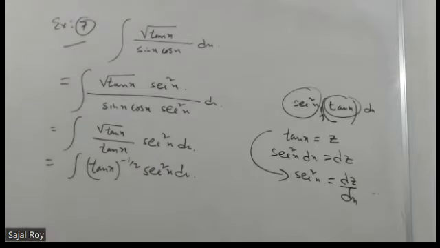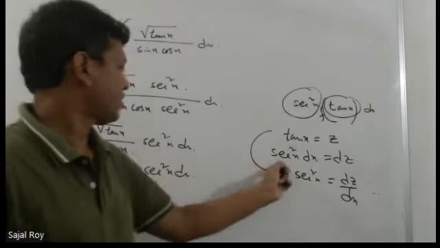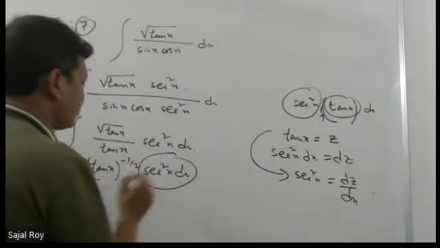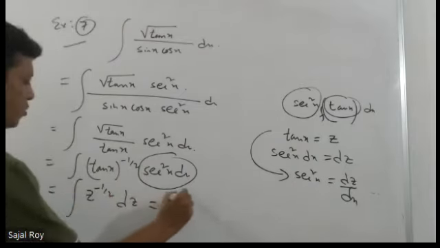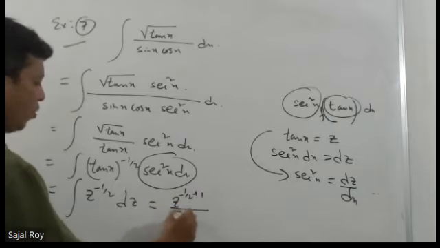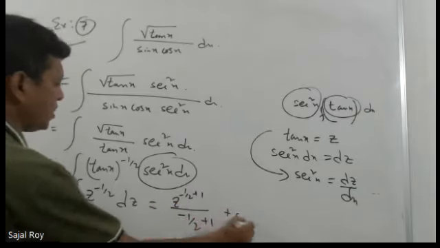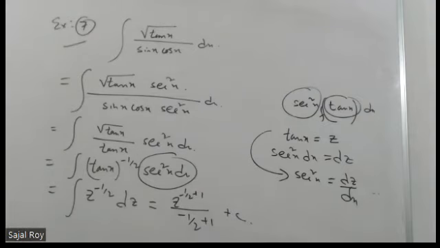Now if you substitute tan x equal to z, sec square x dx is already there. It's going to be dz. So it's z to the power minus half dz. It's going to be z to the power minus half plus 1 over minus half plus 1 plus c. Lastly, replace your z by tan x. That will be your answer.